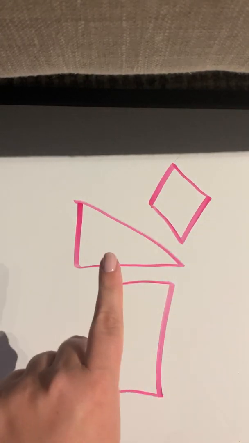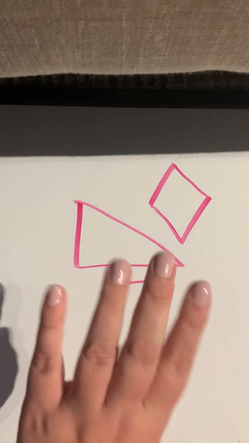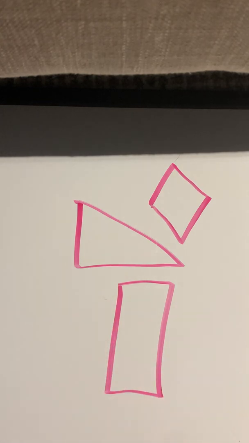Does that pass the test? Yep, 3 or more. 1, 2, 3. Ooh, the triangle just made it into the polygon family. 1, 2, 3, 4. 4 sides. That shows me that all of these shapes are closed figures and they are all polygons.